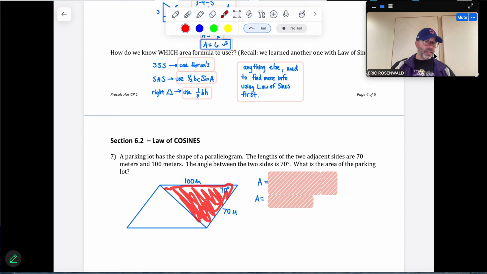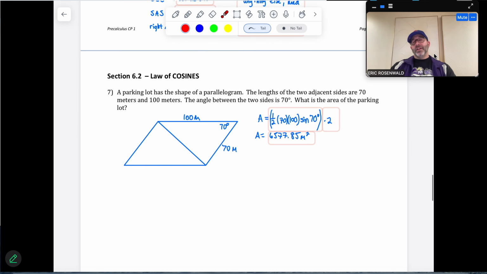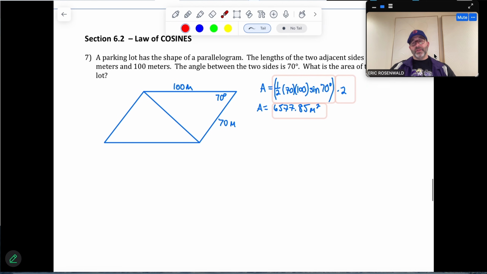But since it's a parallelogram, I've got two of these triangles. And so look what happens. I have half of 70 times 100 times the sine of 70. But I've got two of these. And so what happens is that half and the two ultimately negate each other, and this is what I'm left with. Okay?